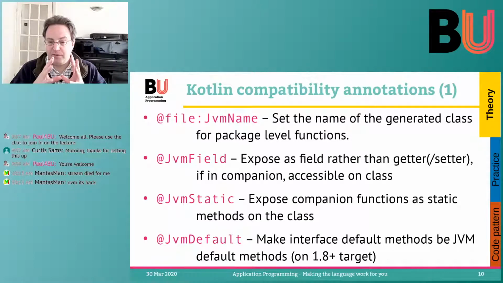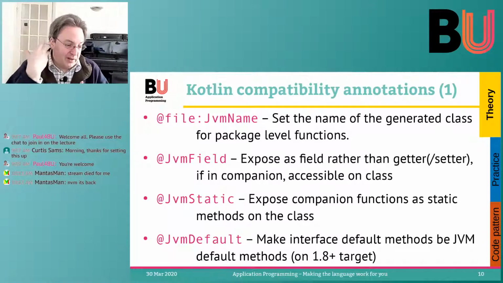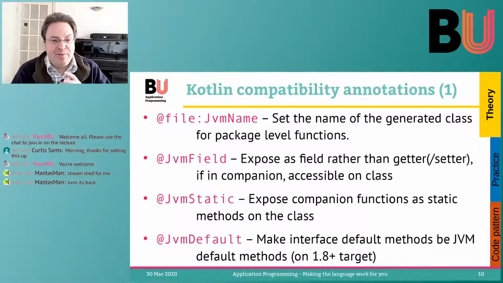So Java doesn't support default methods in interfaces at lower levels, so Kotlin had this working for 1.6. Basically, Kotlin therefore has a different way of implementing that. However, if you're using Java, you want these default methods to be available there as well.